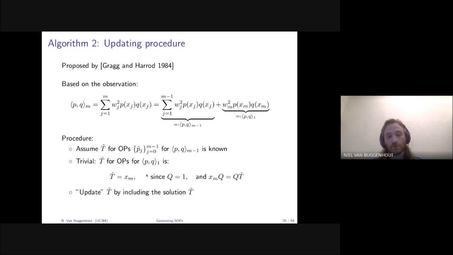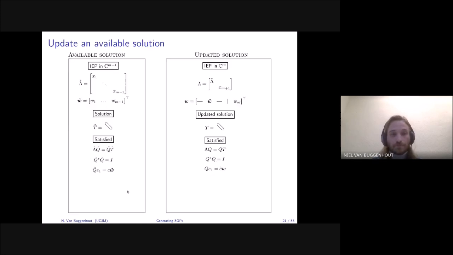Now we're going to take both solutions and put them together. We add the solution of the smaller problem to the bigger problem, and in a way update the T twiddle that we have for the bigger inner product with this solution for the smaller inner product.